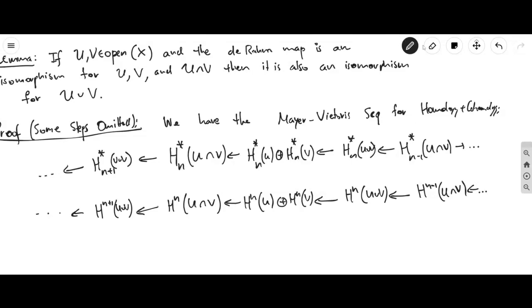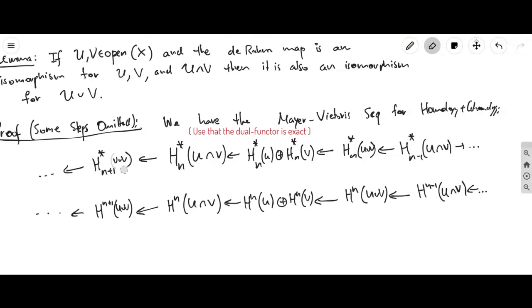And here, some steps are omitted. One of the steps being omitted is that the dual functor is exact, so it preserves exact sequences.